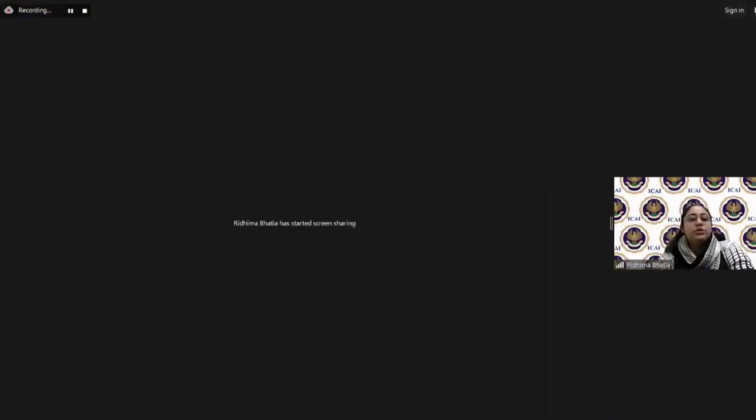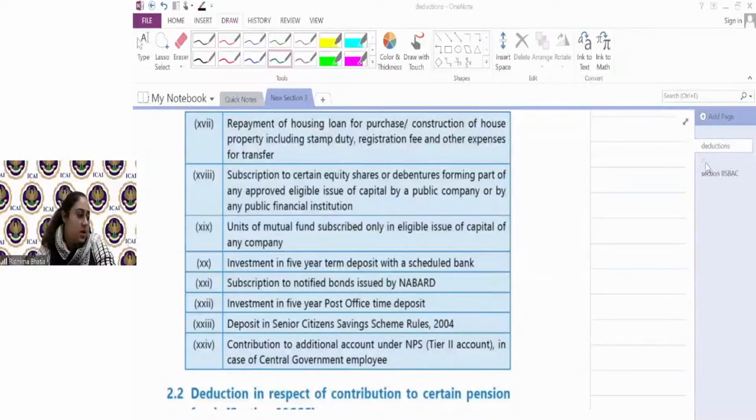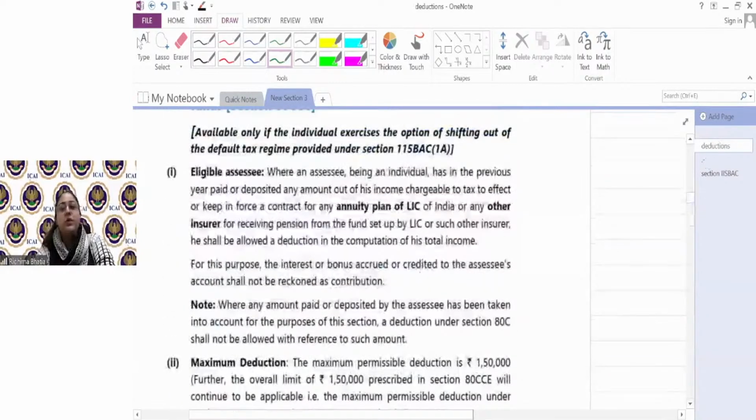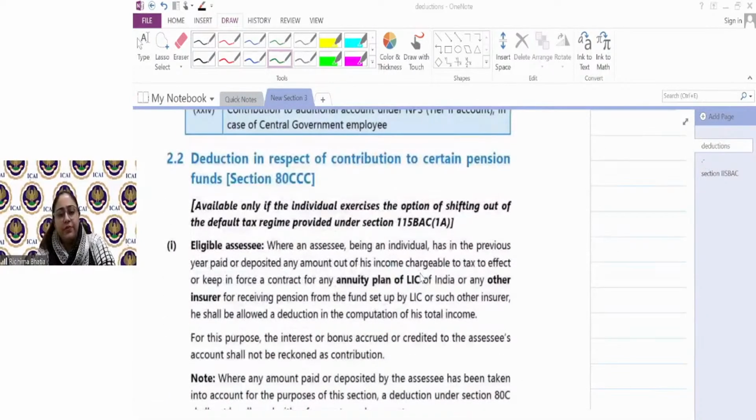The next section available for deduction is section 80CCC, deduction in respect of certain pension funds. Guys, we saw annuity plans of LIC, like New Jeevan Dhara and New Jeevan Akshay, which are allowed. Here too, there are certain LIC pension funds where if you make a contribution, you will get the deduction.